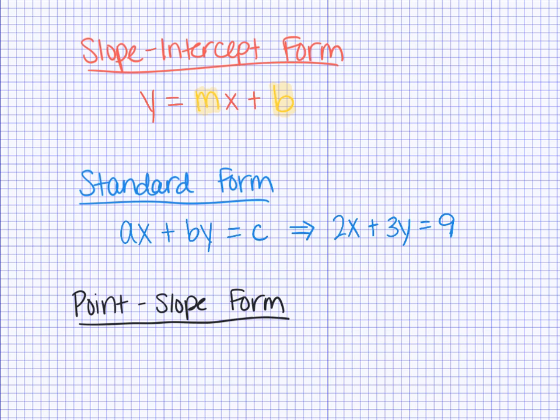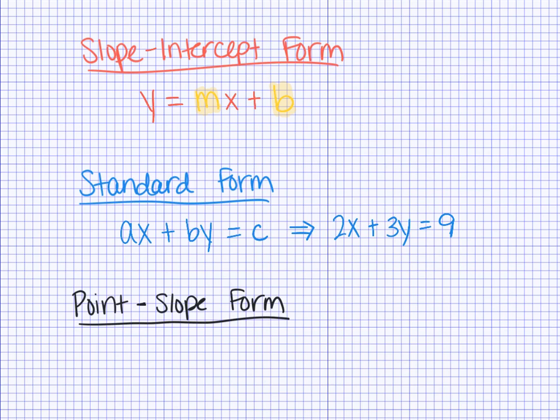Okay, and then what we're going to look at today is called point-slope form. So here's what that's going to look like, and it may look pretty confusing at first. I will tell you, you will have this formula given to you on the test, on the map test. You just need to know where to put numbers in.